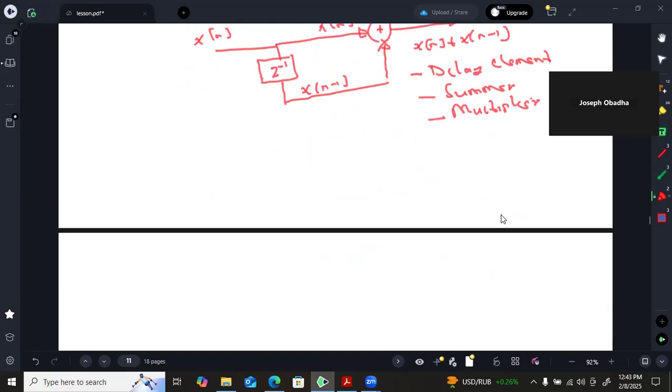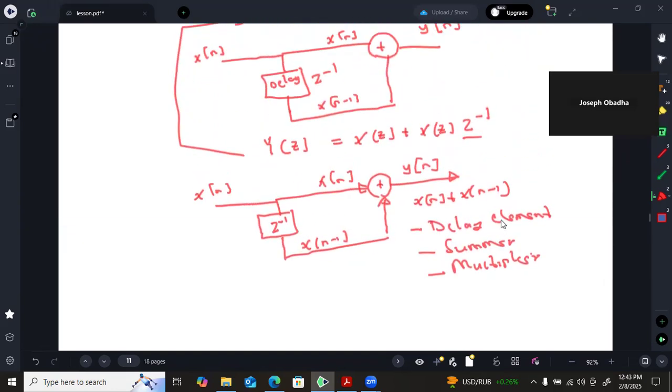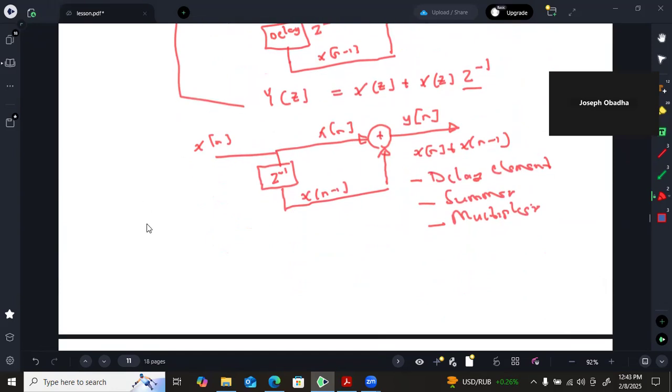For example, if the system we have given up there, y of n equal to x of n plus x of n minus 1, let's say this was multiplied by 2, and this is multiplied by 3.